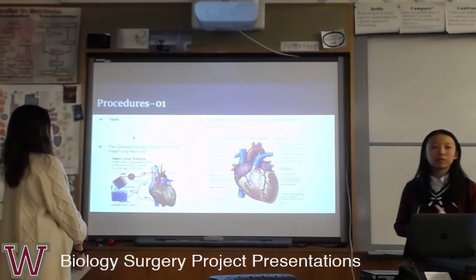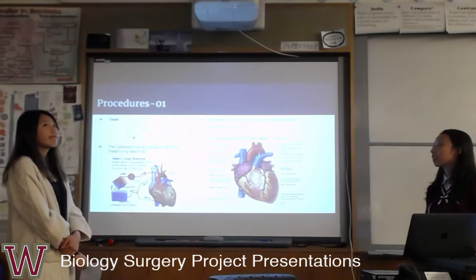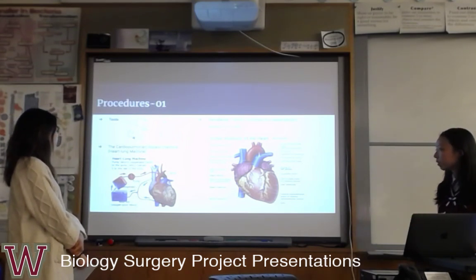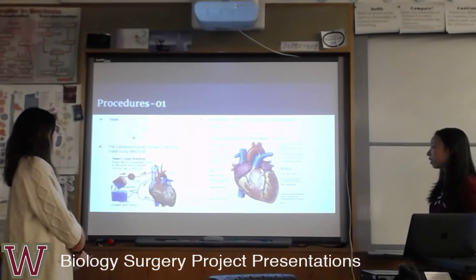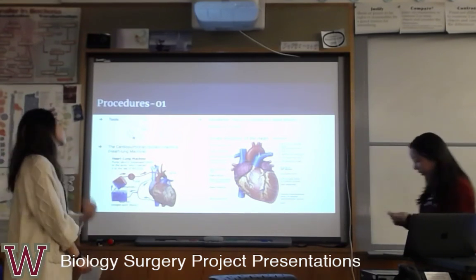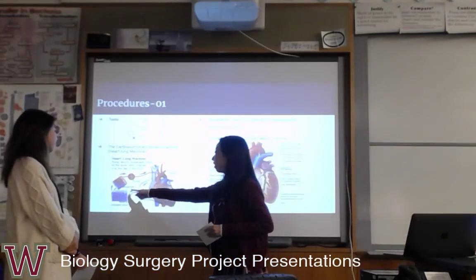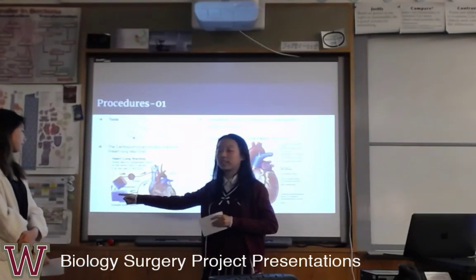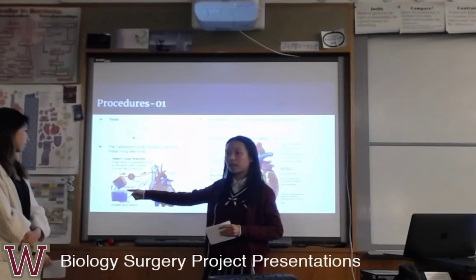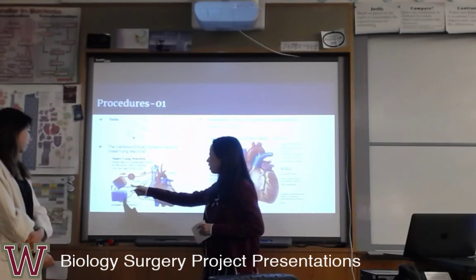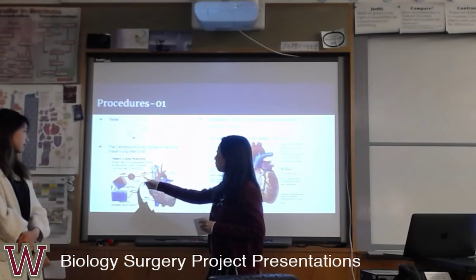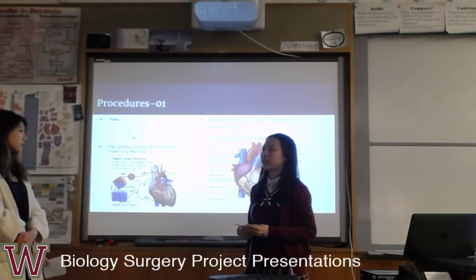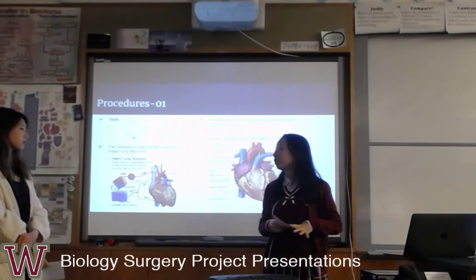One of the most special machines used in heart transplant surgery is the heart-lung machine. This machine basically takes over the function of the heart and lungs. Here, there's an oxygen generator. When the blood flows into this, oxygen is released into the blood, which becomes oxygen-rich blood, and then the blood is pumped back to the heart and sent to the rest of the body in order to maintain your body activities.